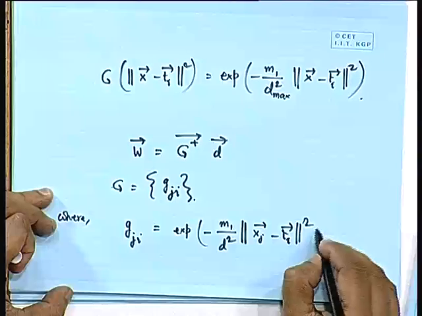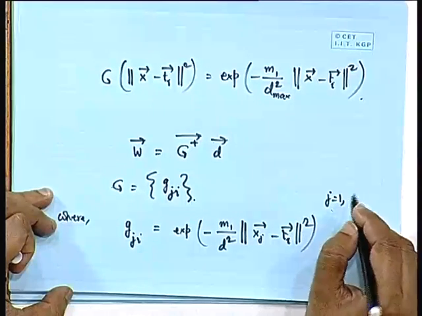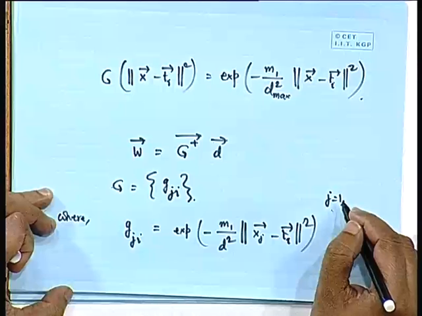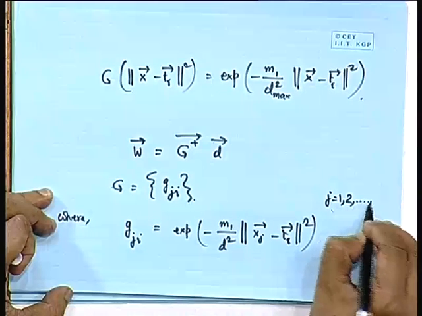This was our G_ji, where j varies from 1 to n. Why n?